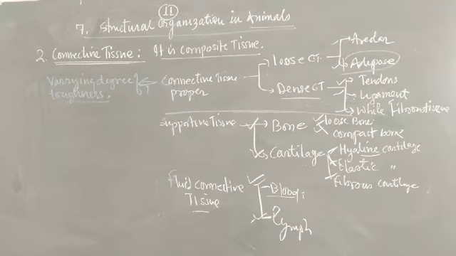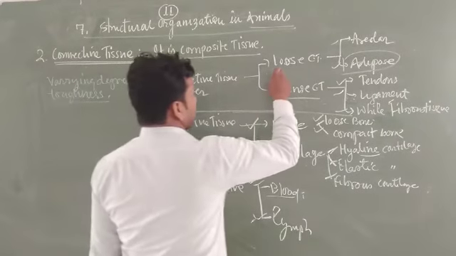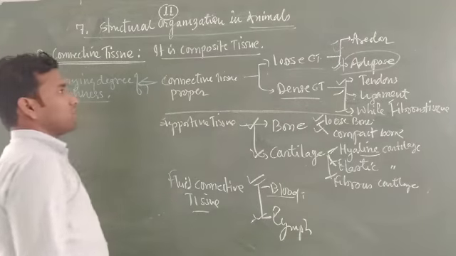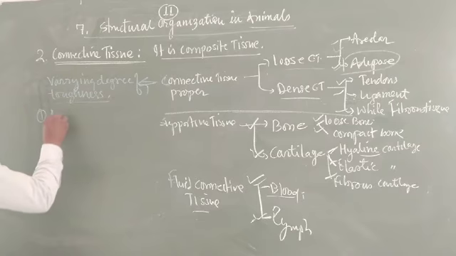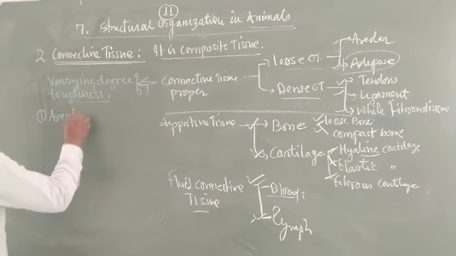Due to this toughness, according to the tissues, it has been divided into loose as well as dense connective tissues. Now the loose connective tissue is further classified into areolar and adipose. Now I am going to discuss the areolar tissues.